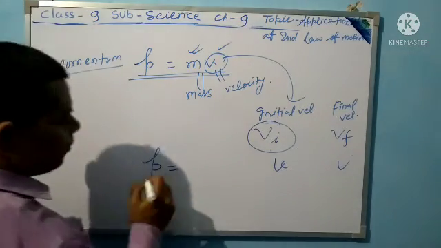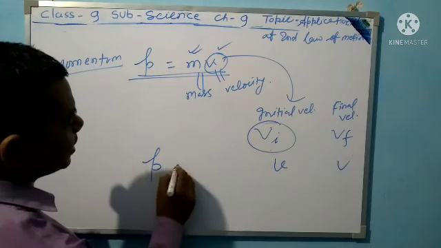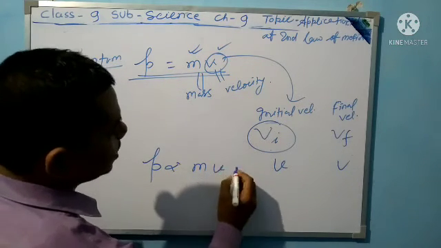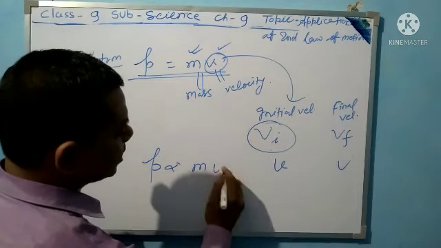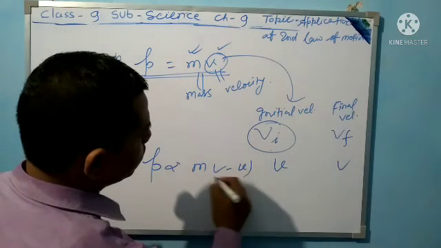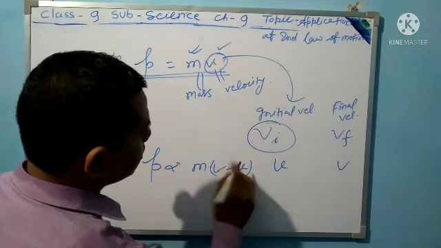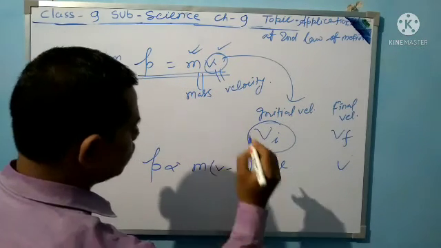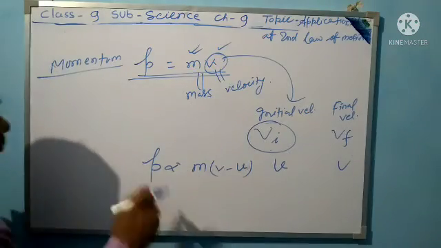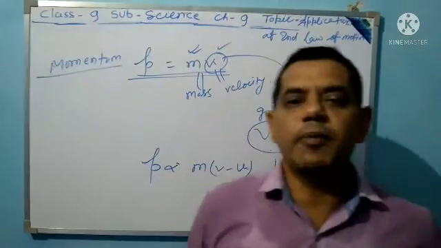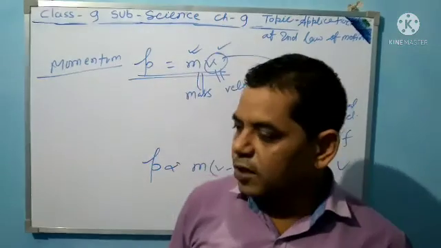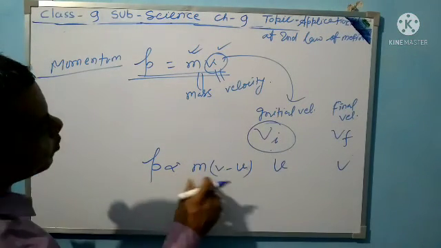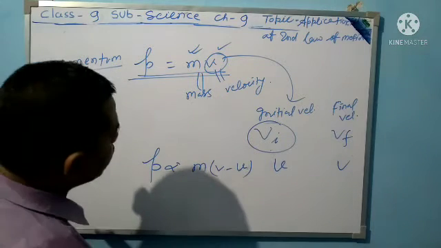The change in momentum is the product of mass and change in velocity, where the change in velocity is V minus U. So P is directly proportional to the product of mass and velocity.